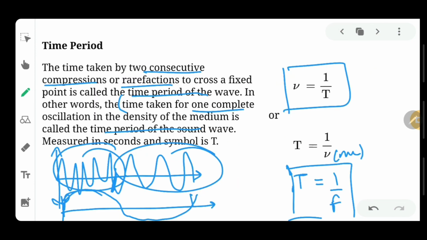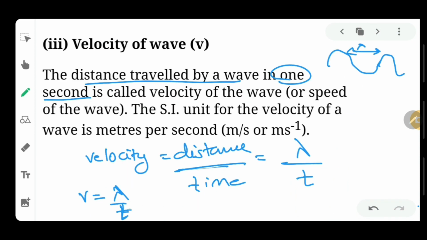I hope this relation is clear, but we have also studied that t is nothing but 1 upon f. I am writing it more clearly so you may not be confused. So see students, the first formula that we have learned is speed is equal to distance upon time, that is lambda upon time.